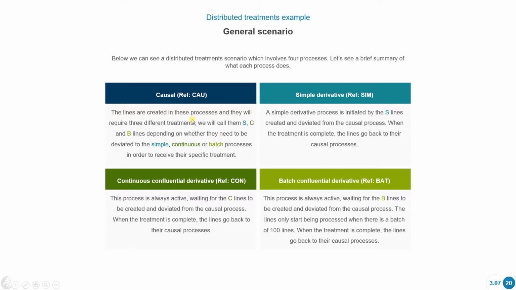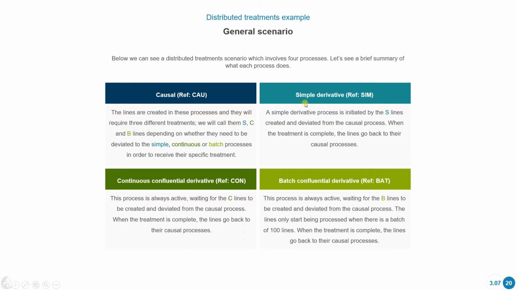We're going to say that when I create lines in the causal process, in a group of fields, each one of these lines has to be derived to a different class of process, to a process of 3 different classes of process. So my lines can be of 3 types, and we're going to call them lines of the type S, lines of the type C, and lines of the type B. Why did I call them lines S, C, and B?